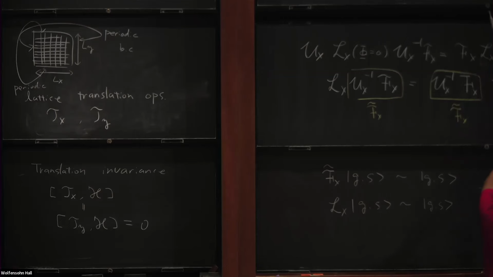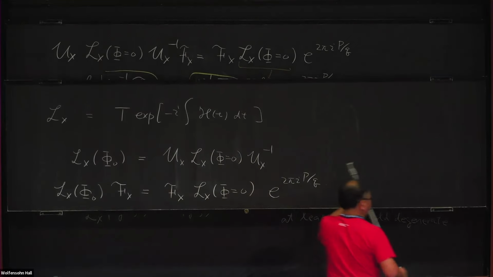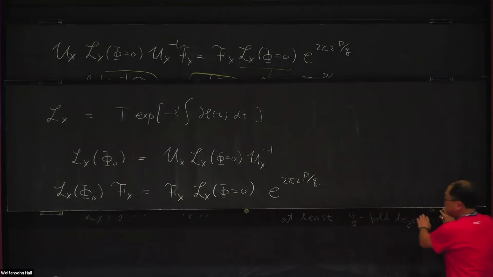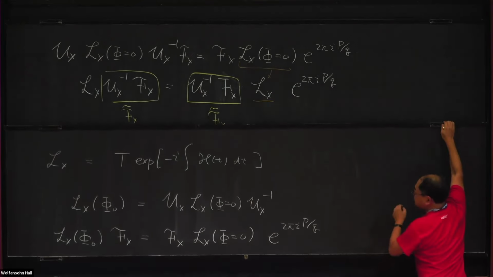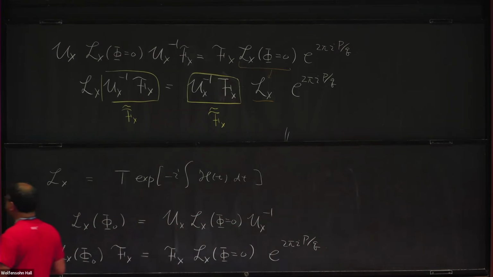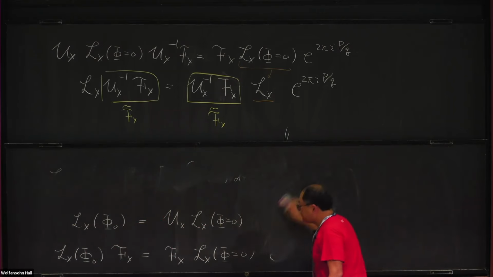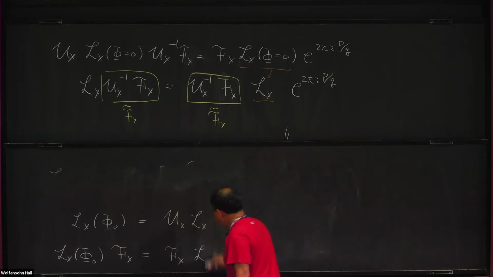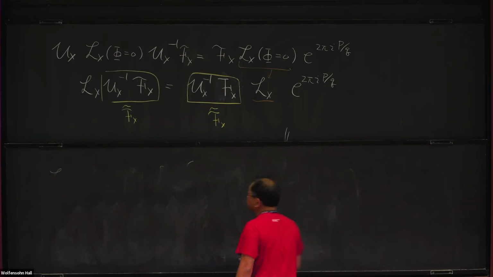And in the continuum space, the momentum is just a generator of infinitesimal translation. But on lattice model, you only have a discrete translation symmetry. But still, you can relate the total momentum to this translation operator.